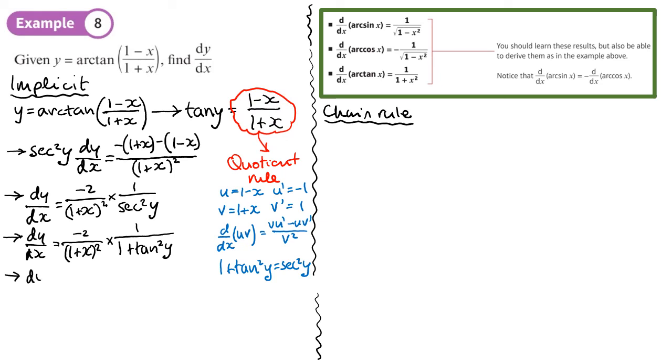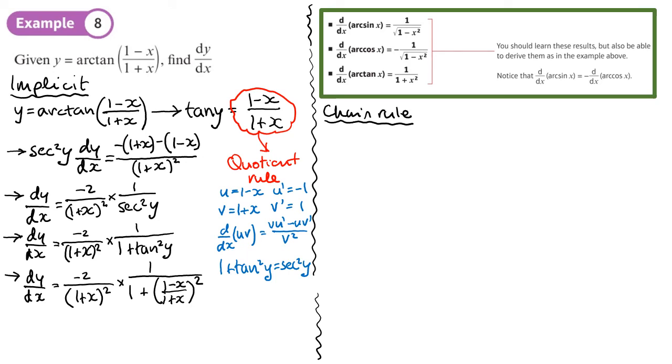So dy/dx equals negative 2 over (1 plus x) all squared times 1 over 1 plus this fraction all squared, because that's my tan y, like that.